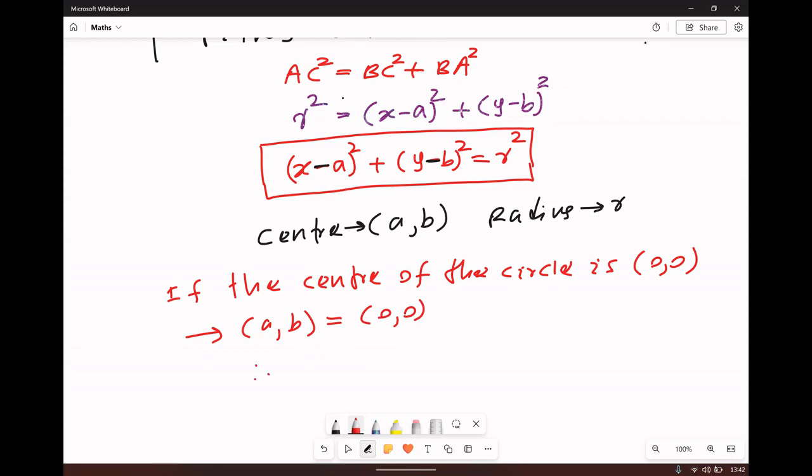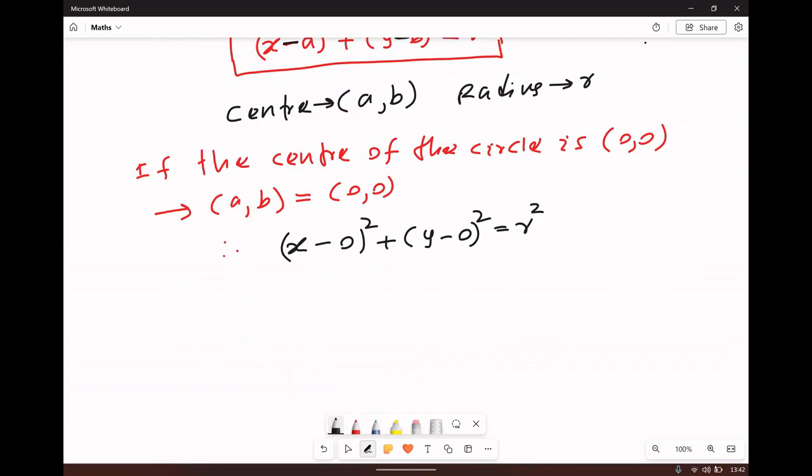Therefore, we can rewrite this equation by substituting the (0, 0) into a and b. So this will give us an equation of a circle which has the center at origin.